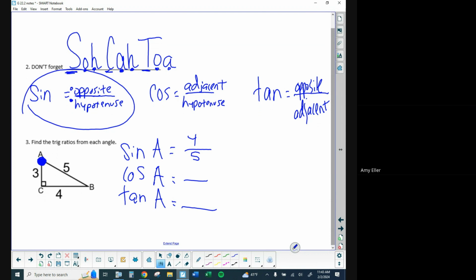Let's do cosine of A. Here's the formula, adjacent. Now, please look at the board. Adjacent means next to. There are 2 sides that are next to that angle. It does matter which we pick. So how do we know which one? Any guesses?